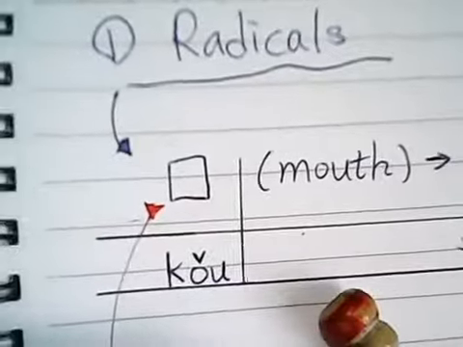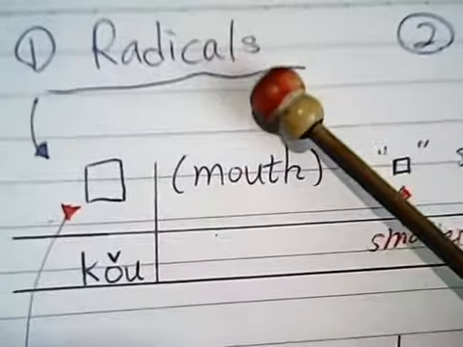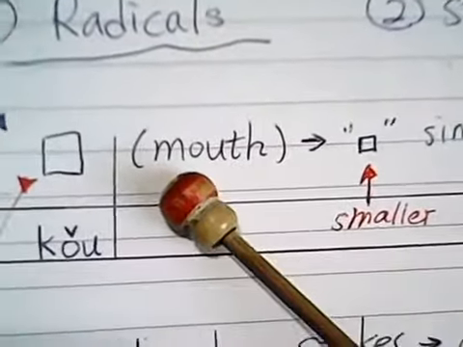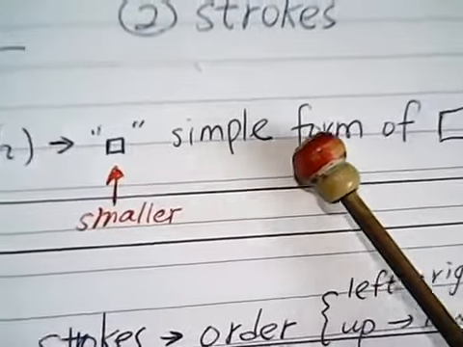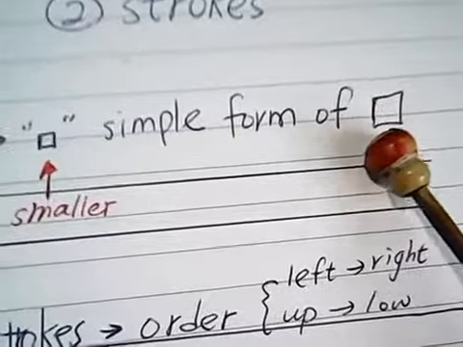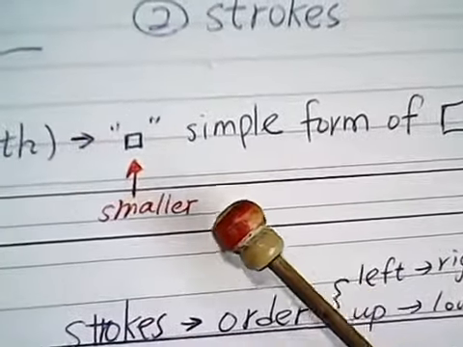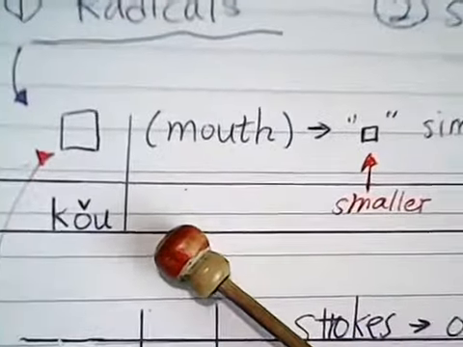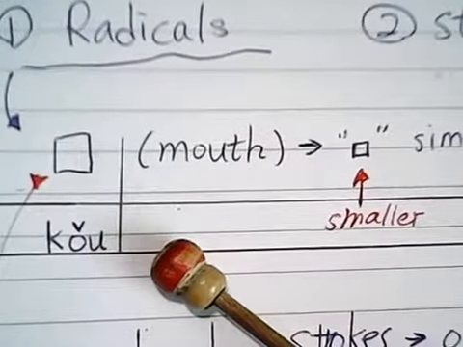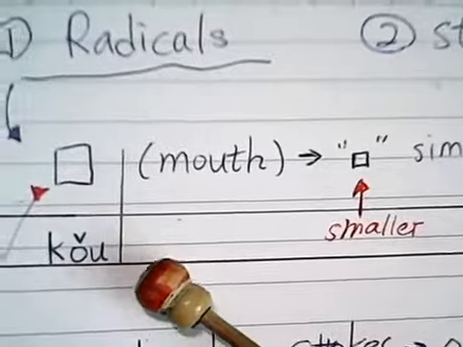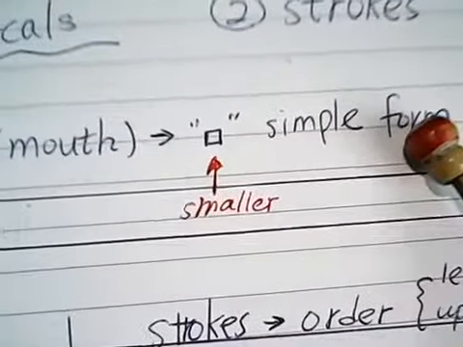So every time we talk about radicals, we also talk about the simple form of 口, because when we need to write this word as a part of a whole and complete Chinese character, we have to use the simple form of it.